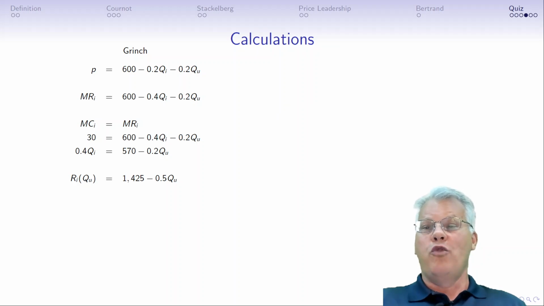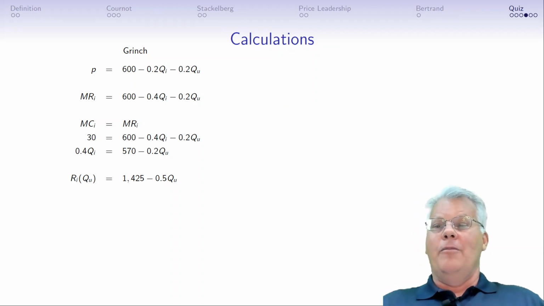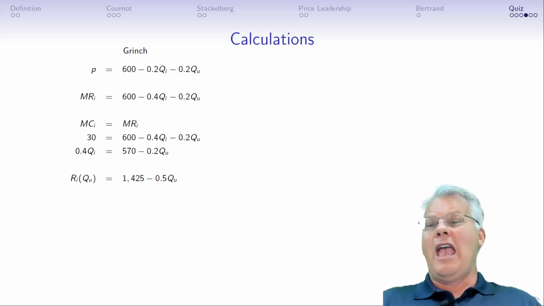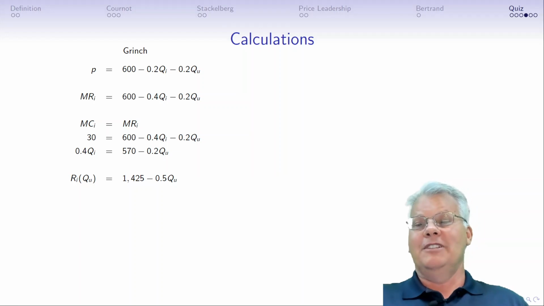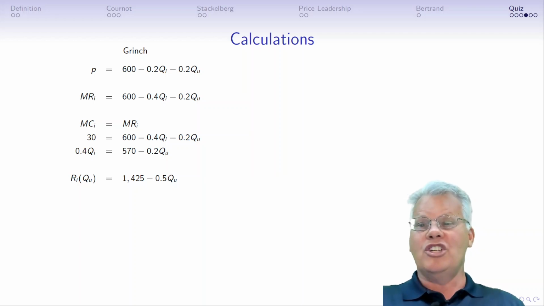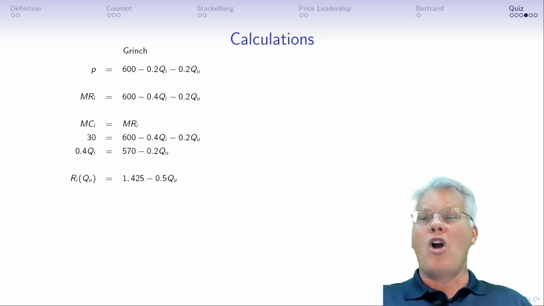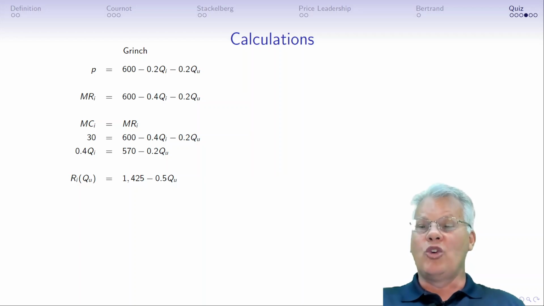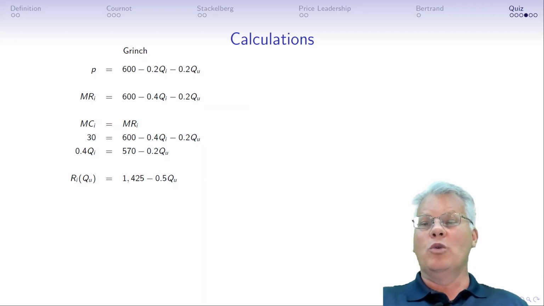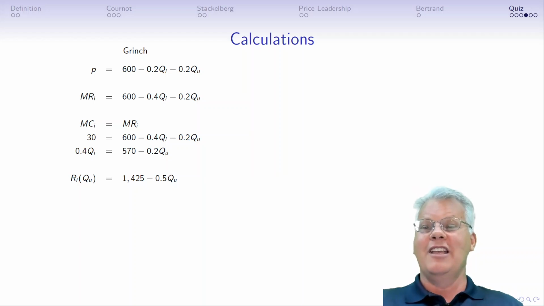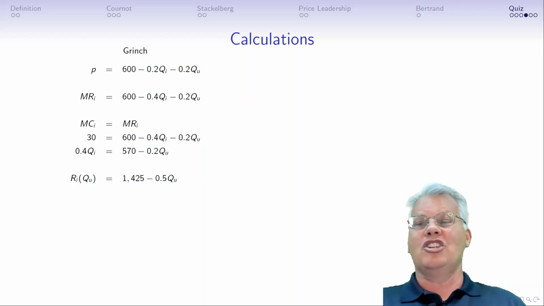Okay, so for Grinch, we have the demand. I didn't show this step, but of course the next step would be to get Grinch's total revenue and then differentiate to get Grinch's marginal revenue. We set Grinch's marginal revenue equal to Grinch's marginal cost, and that gives me Grinch's reaction function.